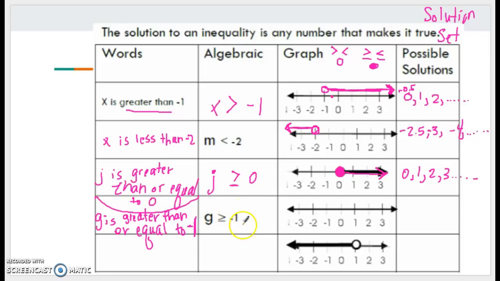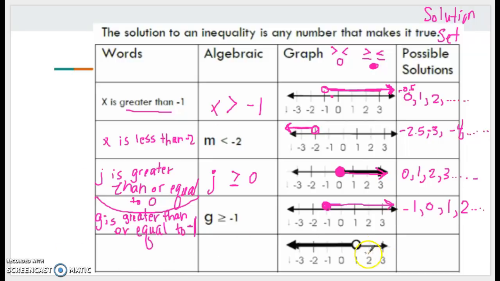So that's our anchor point right here. So we're going to put a circle at -1. Now is that open circle, closed circle? Well, if it could also be equal to -1, we're going to fill it in. It's a closed circle. Greater than means our arrow is going to extend over every value greater than our anchor point. So it could be -1. It could be 0. It could be +1, +2, and so on.